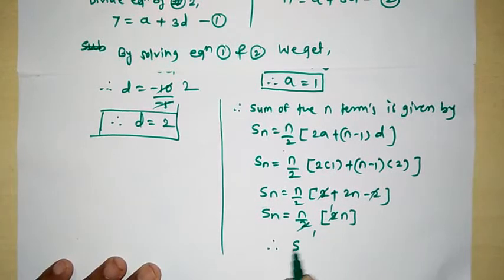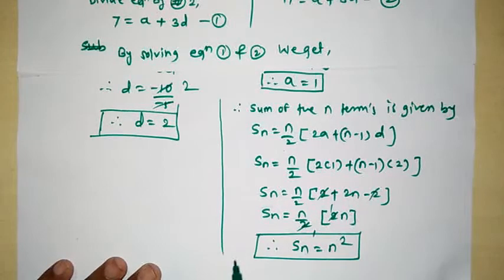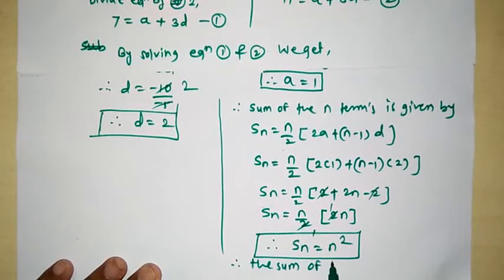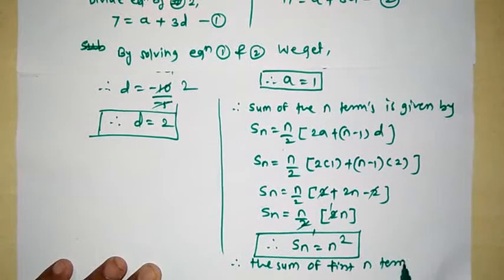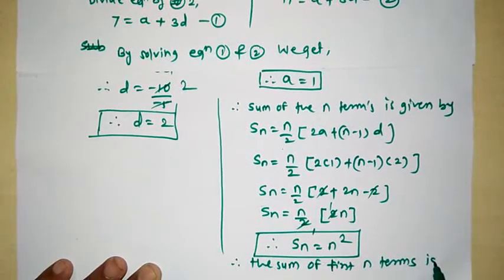Therefore Sn is equal to n into n, which becomes n square. We got Sn is equal to n square. Therefore the sum of the first n terms is n square.